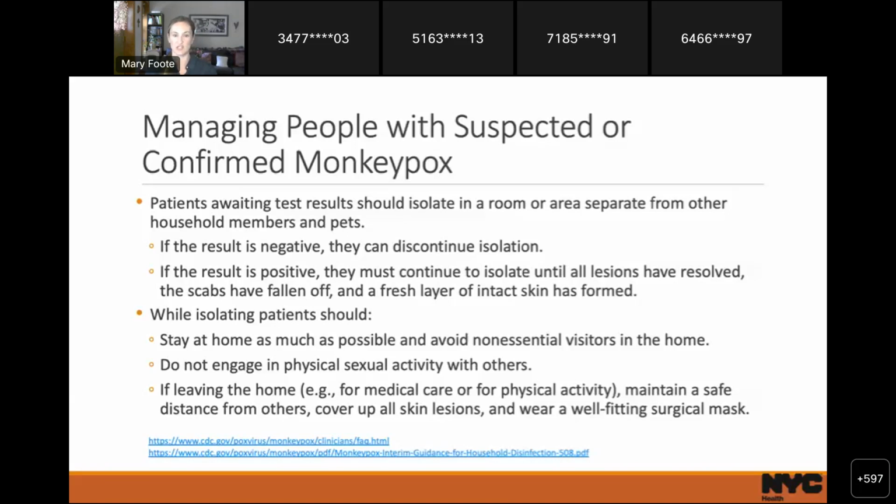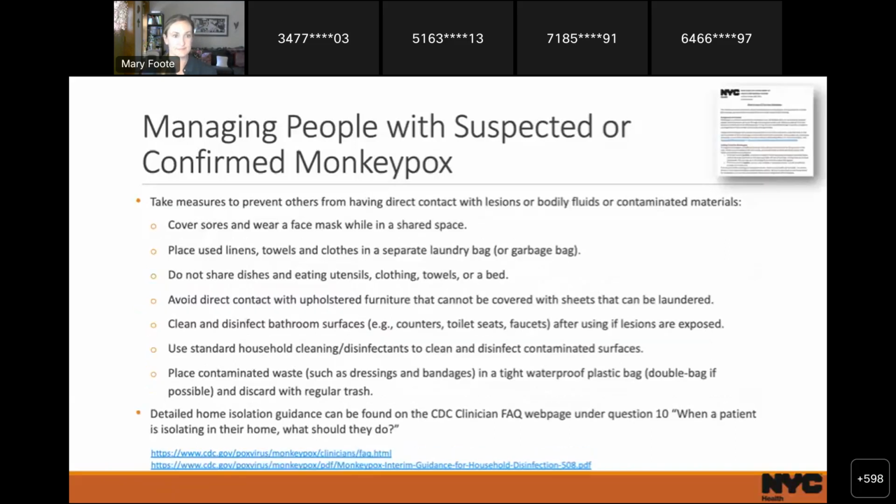They should be instructed to cover up all lesions, so no lesions are open or exposed, and they should be wearing a well-fitted surgical mask when out and about or in transit to medical appointments, etc. And we very much discourage, as much as possible, use of public transportation. Next slide.